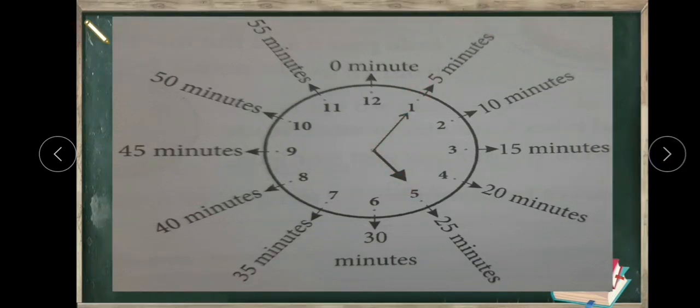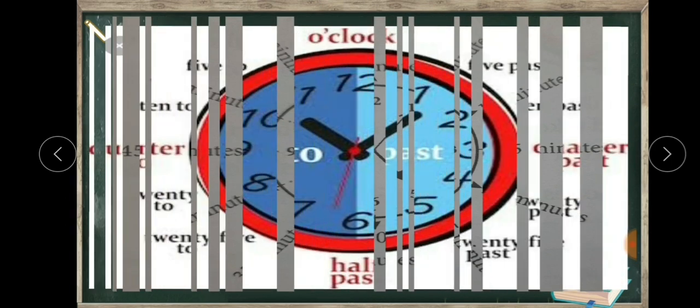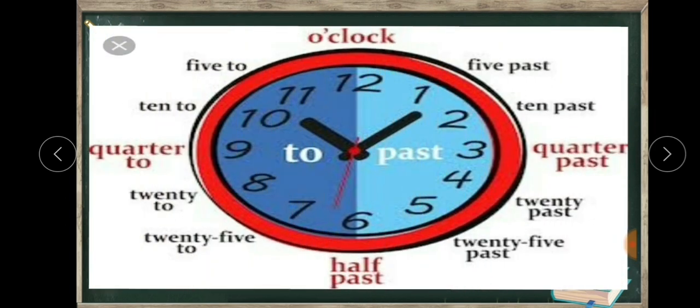Okay children, we learned that each number indicates minutes. 1 means 5 minutes, 2 means 10 minutes, 3 means 15 minutes, and so on. On the other hand, we can use the words past and to. See here, the hour hand is on 10 and the minute hand is on 5.